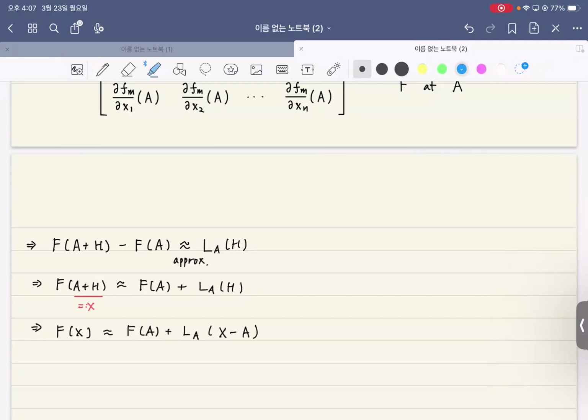The right hand side of this approximation is called the linear approximation of f. Remember, if f is a single variable function, from R1 to R1, then the linear approximation turns out to be nothing but the tangent line equation.